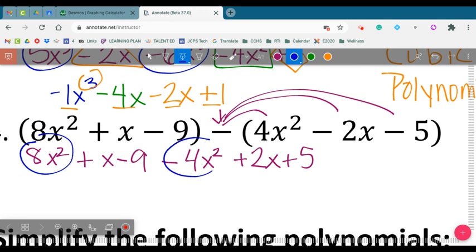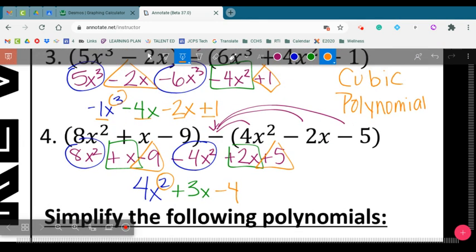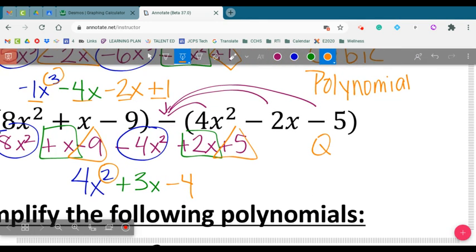So 8x squared and negative 4x squared is going to give me 4x squared. x and 2x is going to give me 3x. And then negative 9 and a positive 5 is going to give me negative 4. Biggest exponent is 2, so this is going to be quadratic. And there's 1, 2, 3 terms, so this is a trinomial.